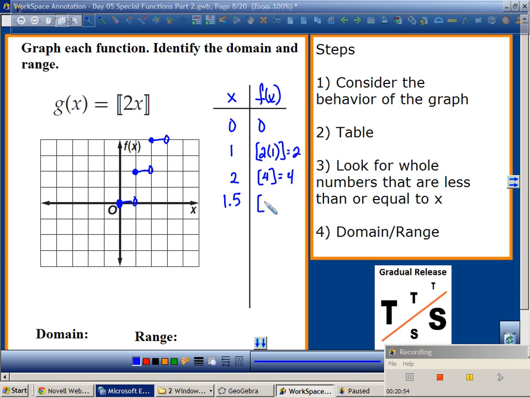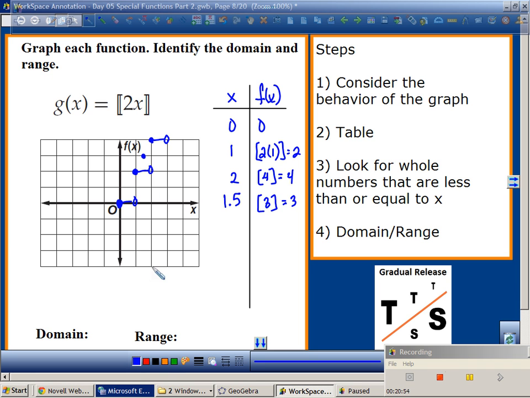What's 1.5 times 2? Is 3 an integer? So if I go over 1.5, where am I going to be? 1, 2. Aren't I going to be right here?